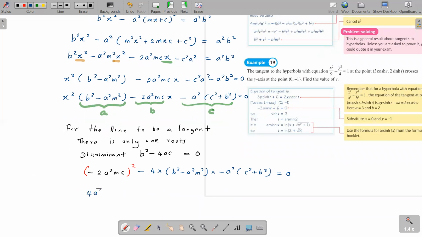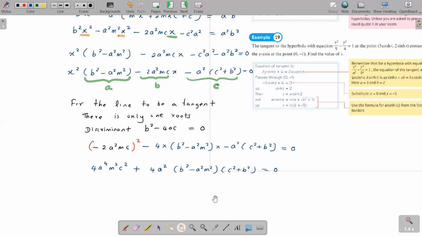So 4a to the power 4 m square c square, and minus times minus is plus, right? Because this is one term, this whole thing all are multiplications, right? So when you multiply 4 with minus, it becomes a positive. So plus 4, shall I take the a square to the front? I get a square times (b square minus a square m square) times (c square plus b square) equals 0. Okay, so now what we do is take the whole equation and divide. Now there are only two terms, right? Even though this looks so big, there are only two terms.